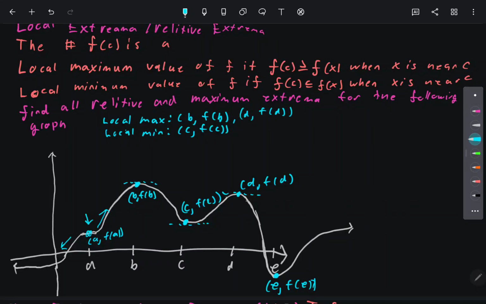Looking now at e, we can clearly see that there is no value of f of x that even comes close to how small e is. So another local minimum is e, f of e. Now, interestingly enough, we're going to see a lot of these same values come up whenever we're doing the absolute maximum, the global extrema.